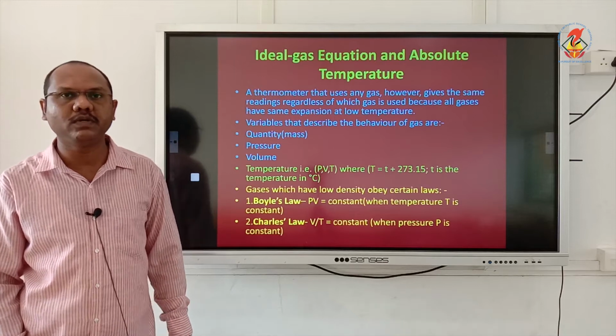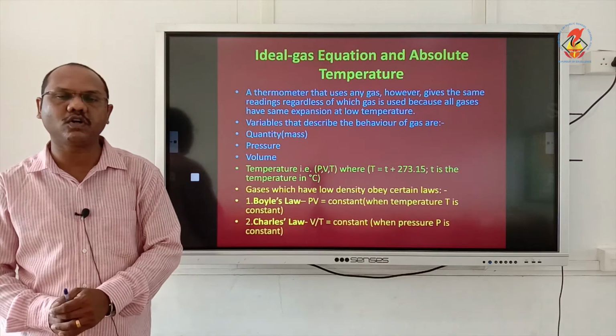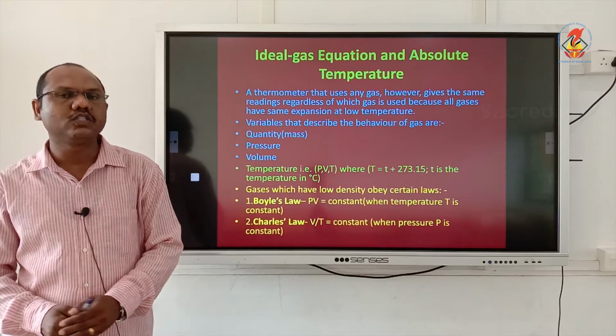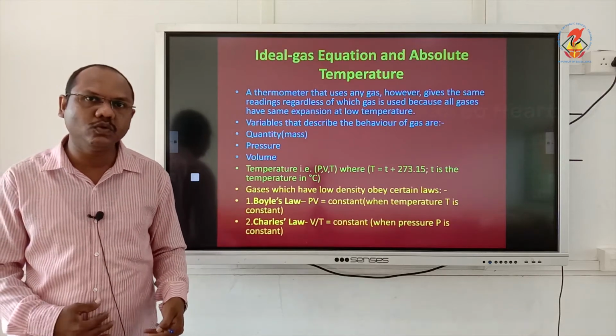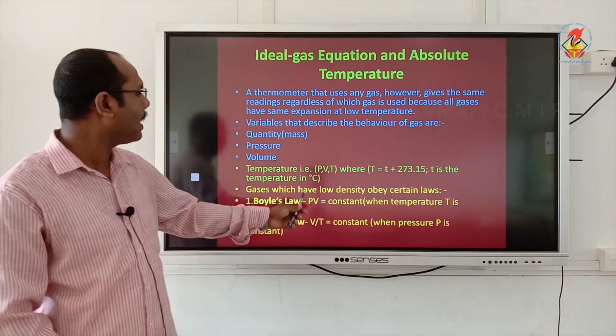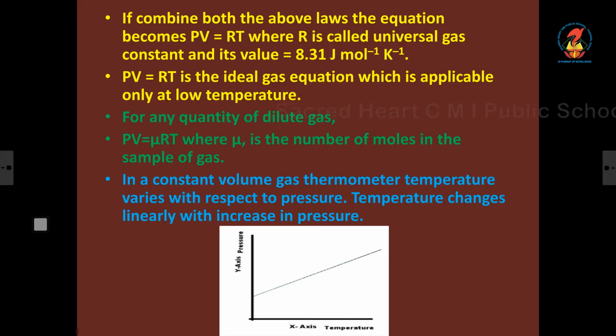That is Charles' law. So if we combine these two laws, I can write like this: PV proportional to T, or PV is equal to RT. This is the ideal gas equation for 1 mole of gas.